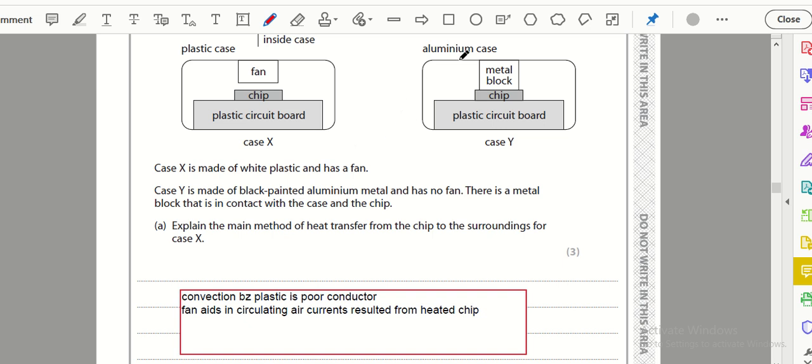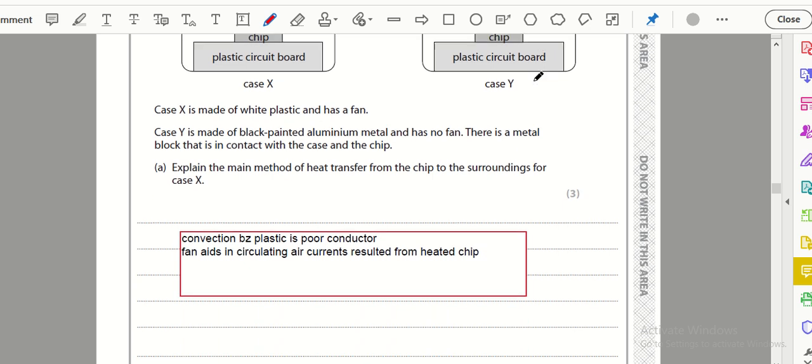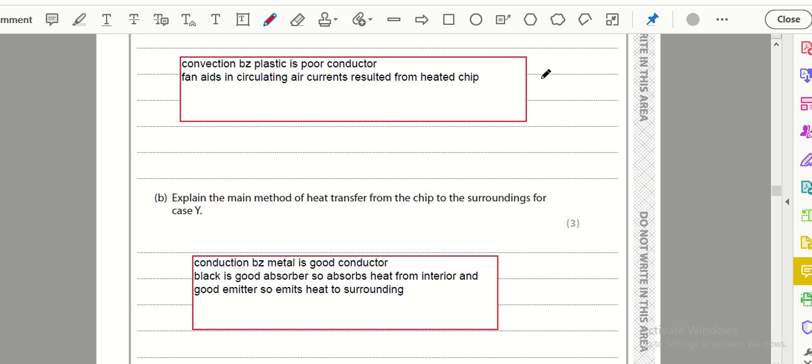With respect to the aluminum case, as aluminum is metal, it is a good thermal conductor, and as it is black, it is a good absorber and good emitter, so it absorbs thermal energy inside the case well, and it emits it well to the surroundings. So the mechanism in case Y is conduction.